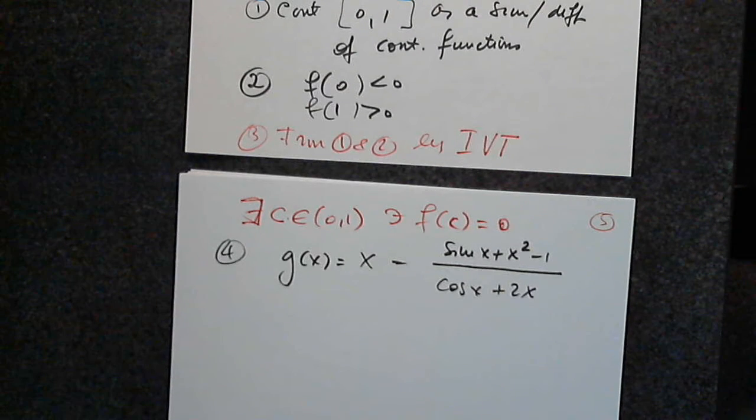So in y equals, don't delete what you have, just insert the x, and then minus, put parentheses around the top, and divide by parentheses. The denominator is cosine x, close the parenthesis, and plus 2x.